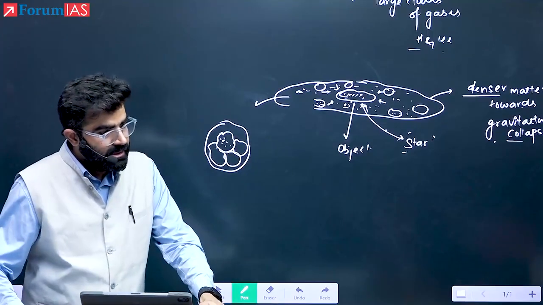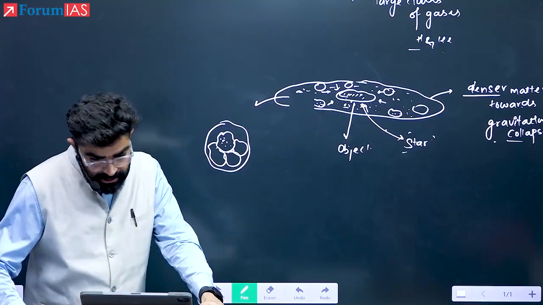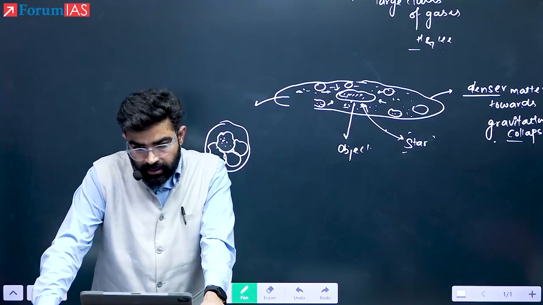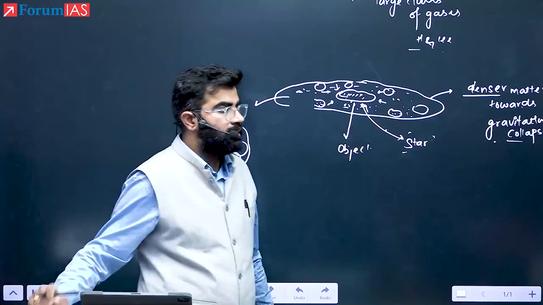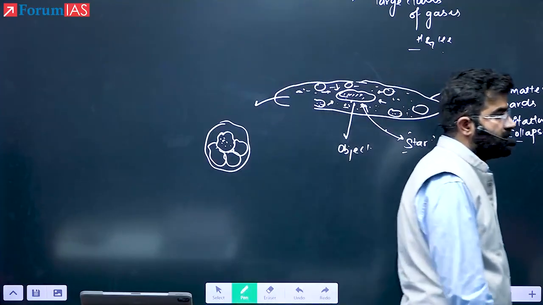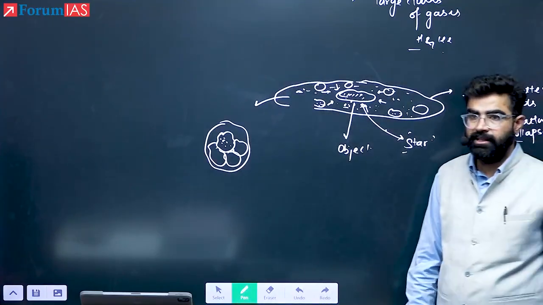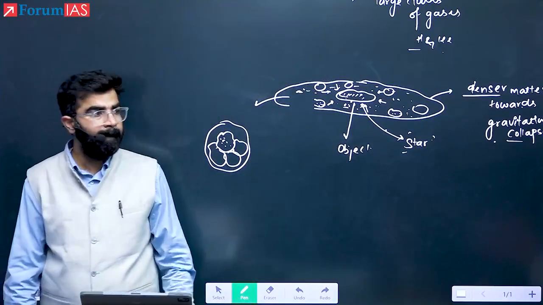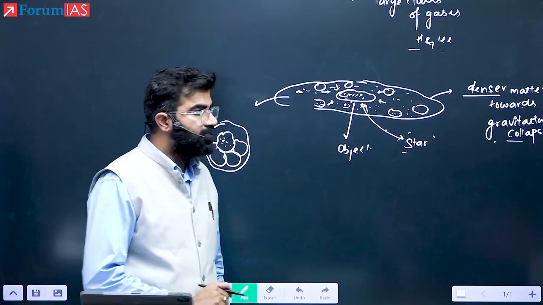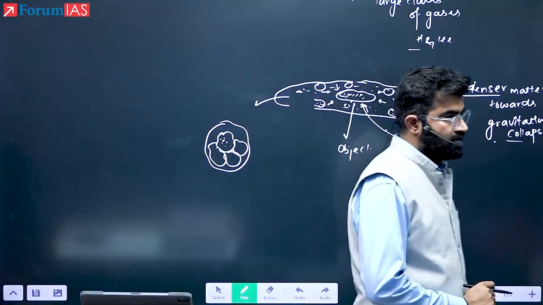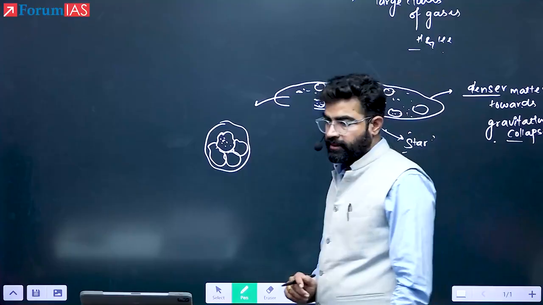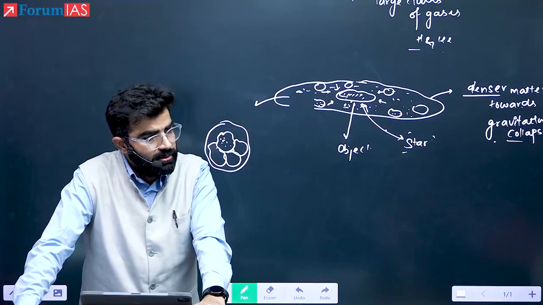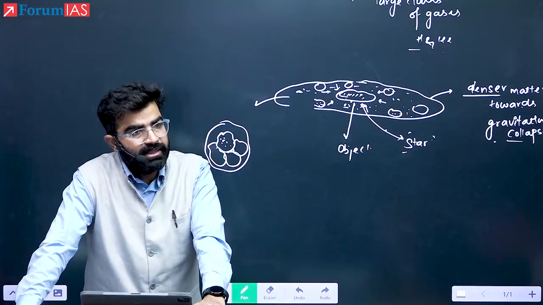Next, when the temperature inside the center reached about 10 million degrees centigrade, nuclear fusion started, where hydrogen started converting into helium.